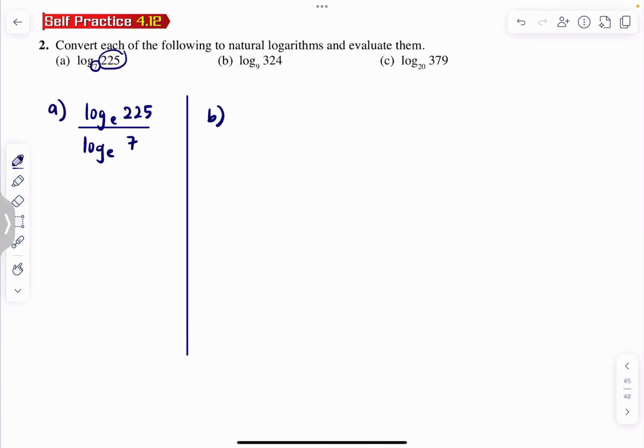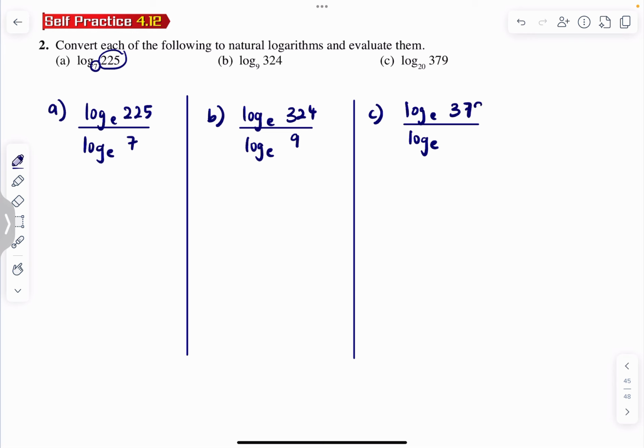Okay, this one is the same, log base e over log base e. 3, 2, 4, 9. Same again, log e over log e. 3, 7, 9, 20.